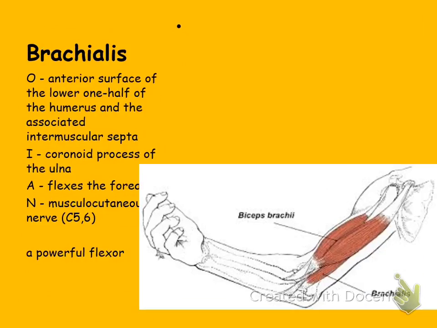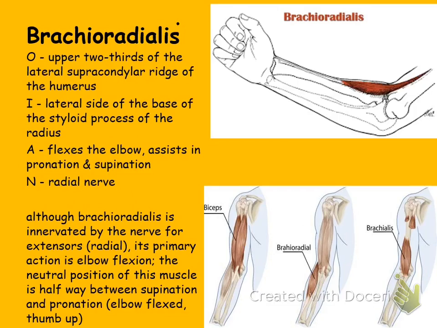Brachialis is another one that works just with this, right below the biceps brachii. Originates on the anterior surface of the lower one half of the humerus and inserts on the coronoid process of the ulna. Remember, the coronoid is right where that trochlear notch is, and it comes up. Very powerful flexor also, along with the brachioradialis.